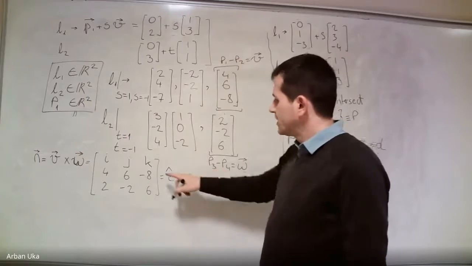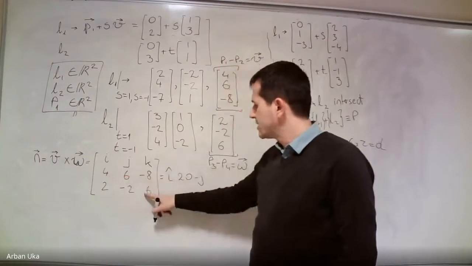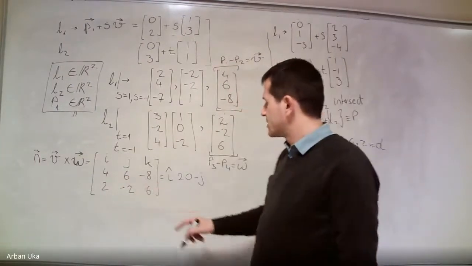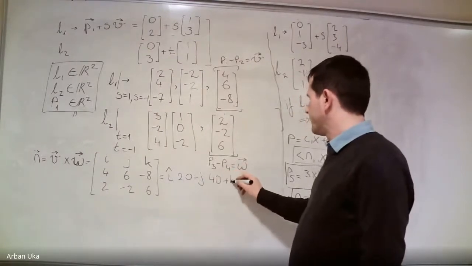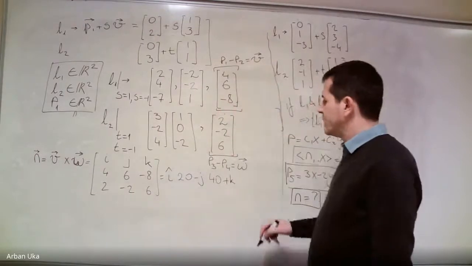Minus j times, this is how we do the cross product, 4 times 6 is 24, plus 16, 40. Plus k times minus 8, minus 12, minus 20.